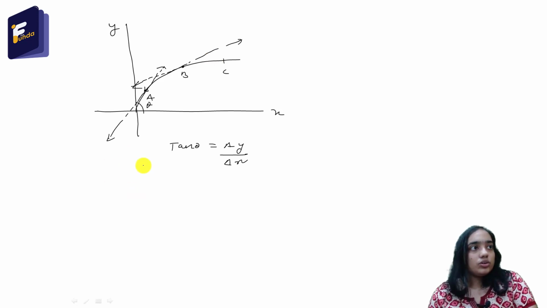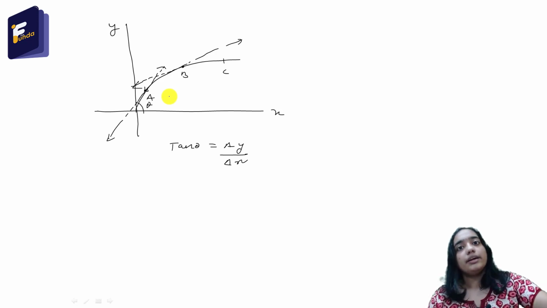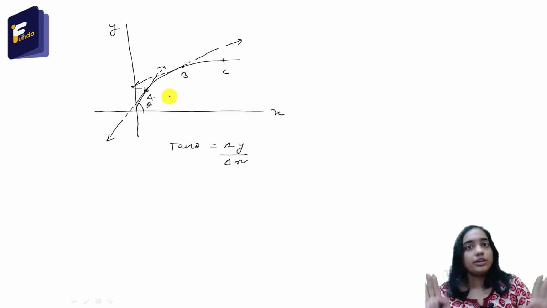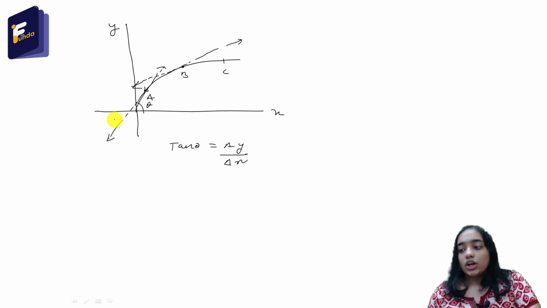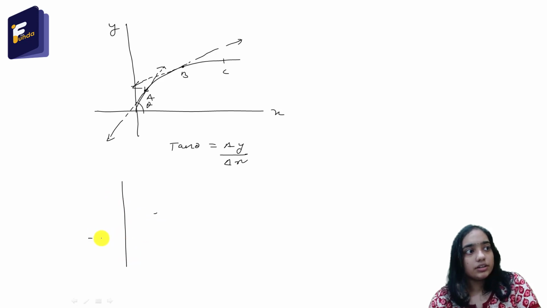So now we know how to relate the slope of a curve to that of a line. We just have to draw the tangent, that's it. Now we'll learn a little bit more about slope.